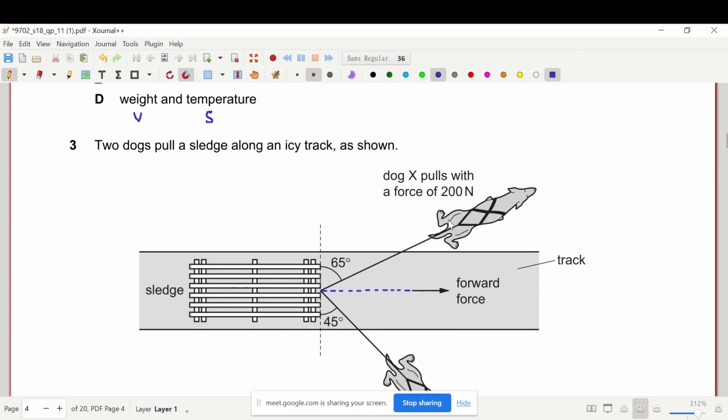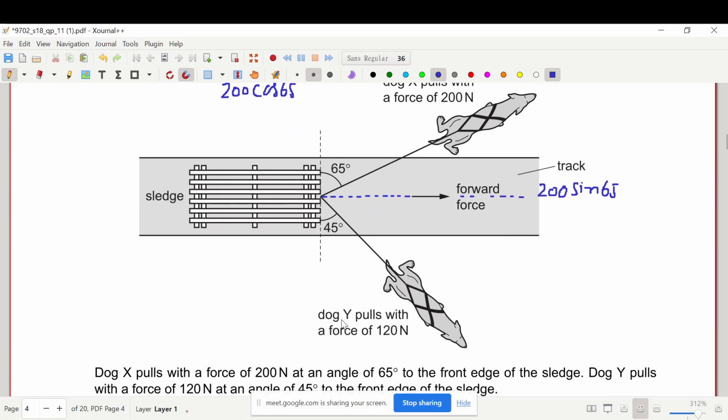Just resolve the components here. It is 200 cos 65, and here we will have 200 sin 65.